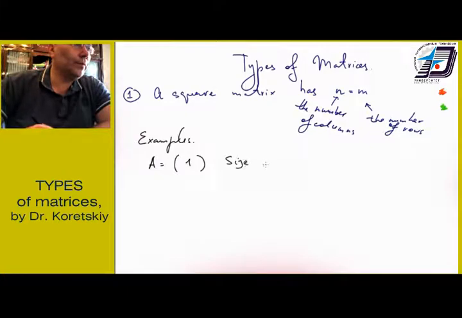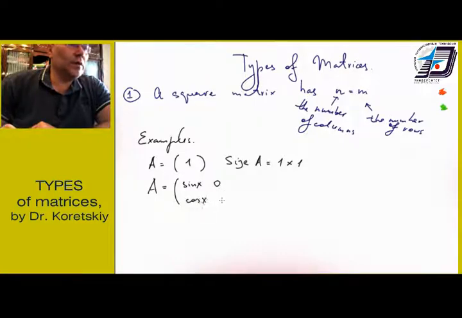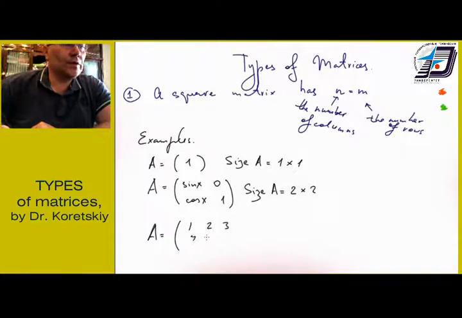So, examples here. Matrix A equal, for example, 1. This is a square matrix, and the size of this matrix is 1 by 1. Next one, for example, A equal sine x, 0, cosine x, 1. Here you see that the size of A is 2 by 2.